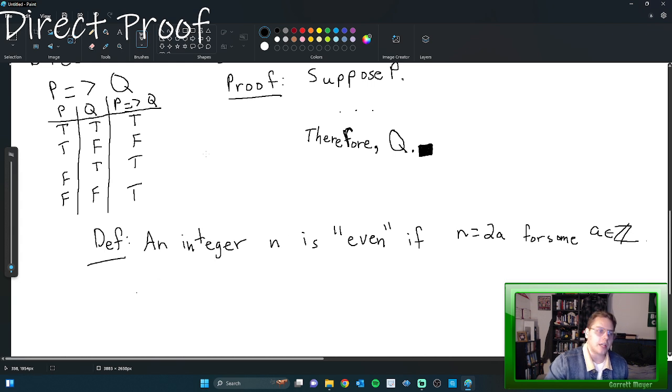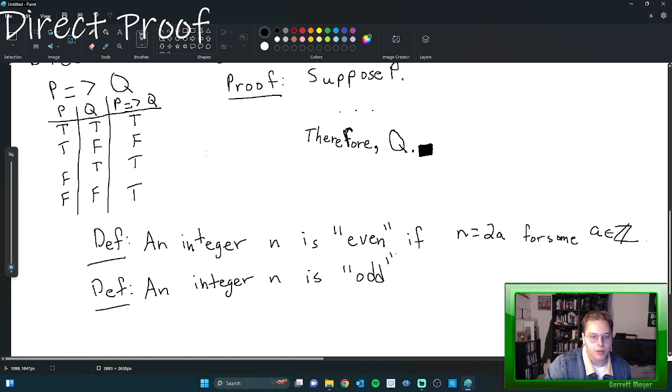So this is a more formal definition of even than probably what you were taught, but this is very helpful in proofs. And it's equivalent to the very intuitive definition that we typically have of even and odd, where 1, 3, 5, 7, all those are odd, and then 2, 4, 6, 8, 10, 12, all those are even basically.